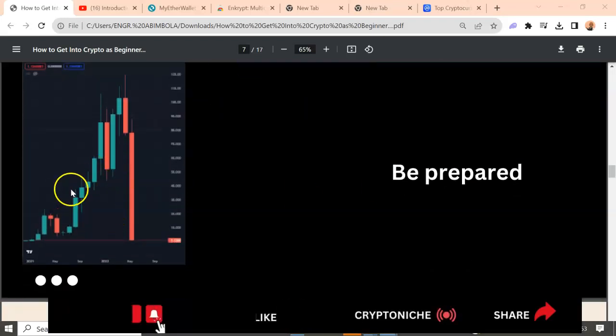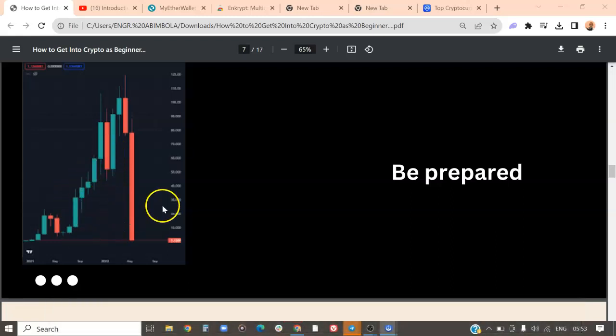Look at this coin. It's been pumping. Boom, it crashed. This kind of crash has happened before, countless number of times. That's happened over and over again, and it will likely continue to happen.